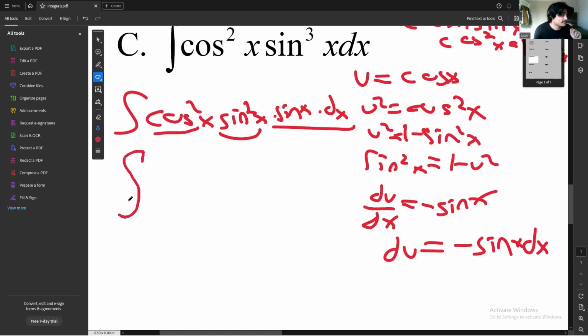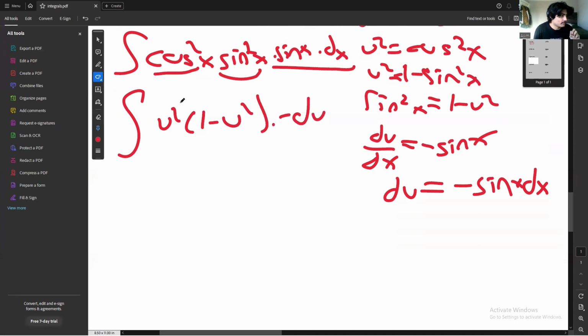So let's write this in terms of u. Integrate u square times 1 minus u square times negative du. Now let's distribute this u square: integrate u square minus u to the 4th power times negative du.